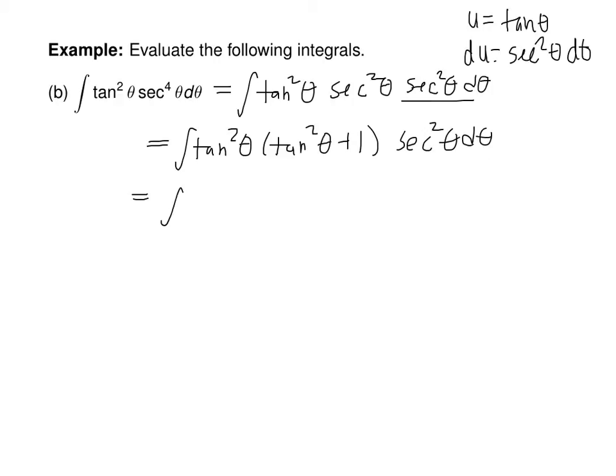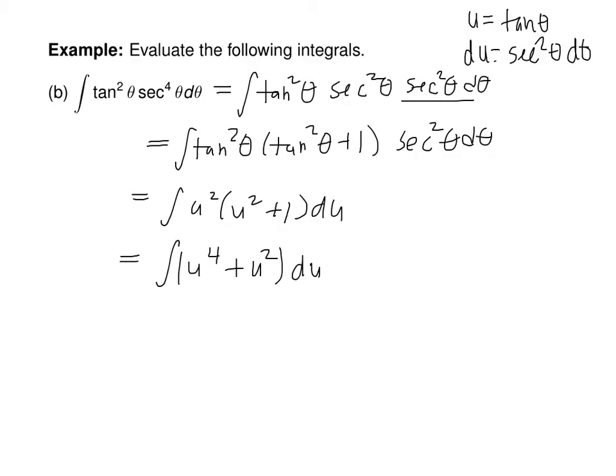Or this is the integral of u squared times u squared plus 1 du, which is u to the 4th plus u squared du. So anti-differentiate and plug back in u, we'll have 1/5 tangent to the 5th theta plus 1/3 tangent to the 3rd theta plus c.